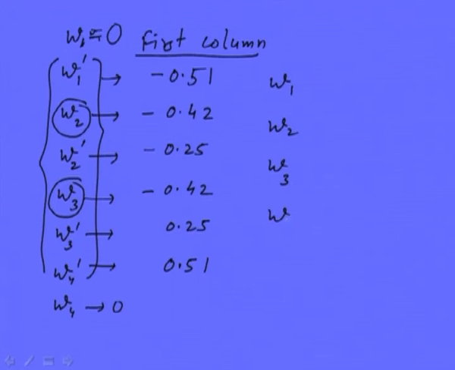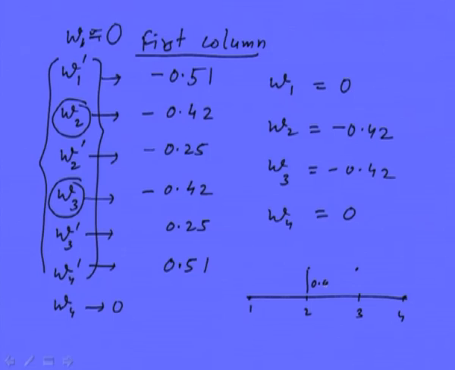So, basically we extracted the mode shape, in which the displacements are minus 0.42, minus 0.42 and 0. If we want to plot them, these are nodes 1, 2, 3, 4. Because of the negative sign, if we ignore it, these two are 0.42, 0.42, and these are 0.